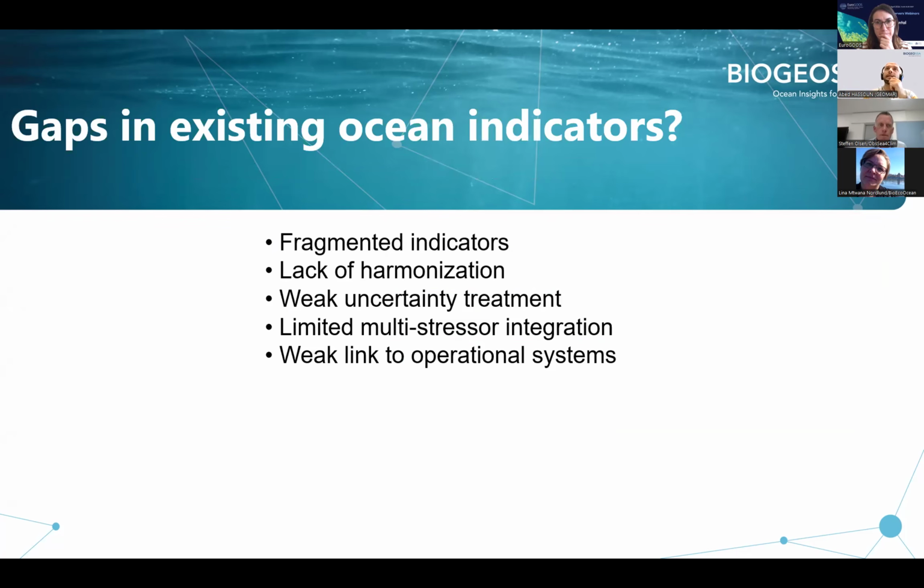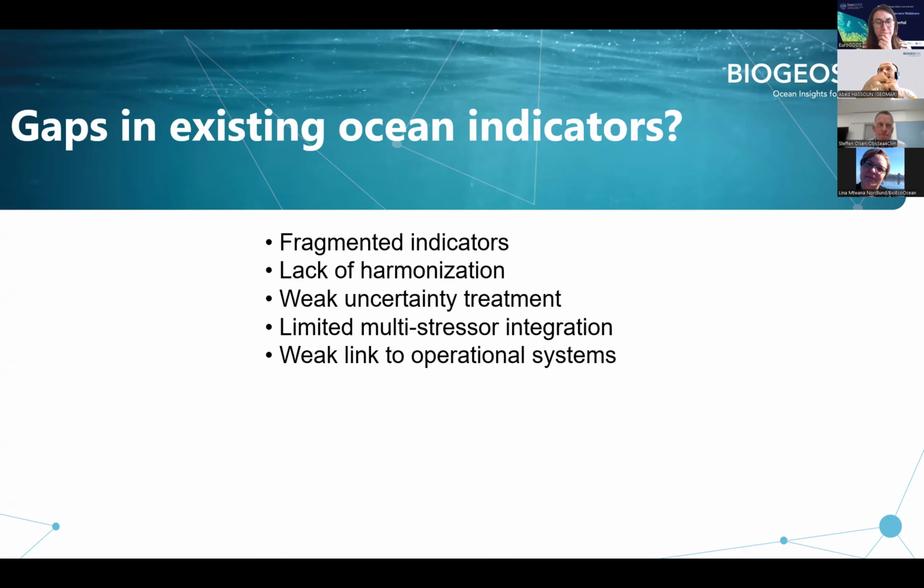So what are the gaps in existing ocean indicators? Because this is our main topic. Currently, we are seeing lots of fragmentation in indicators. There are lots of indicators in the market, but we clearly see fragmentation, but also lack of harmonization. For example, I wasn't so aware of the Blue Cloud effort and the marine environmental indicators that you are working on.